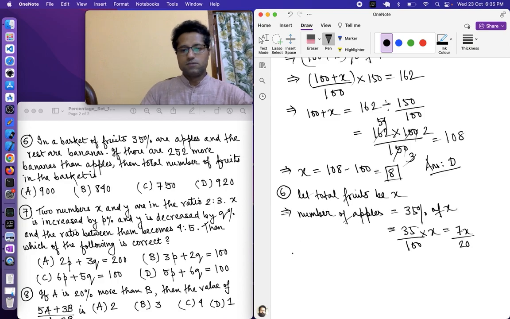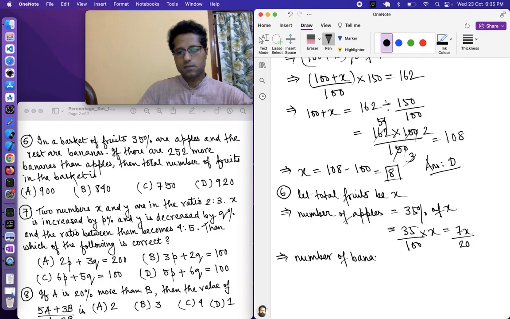Okay, so this will imply if 7x by 20 is the number of apples, then the remaining fruits must be bananas. So number of bananas must be total number of fruits x minus 7x by 20.